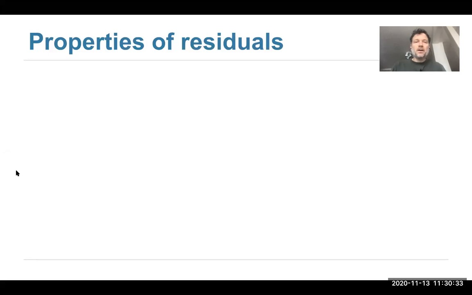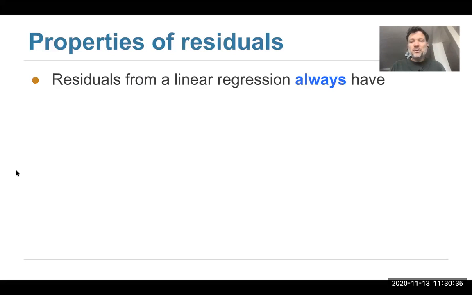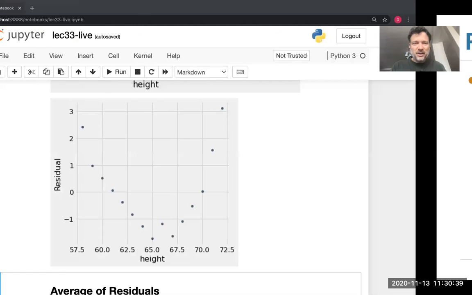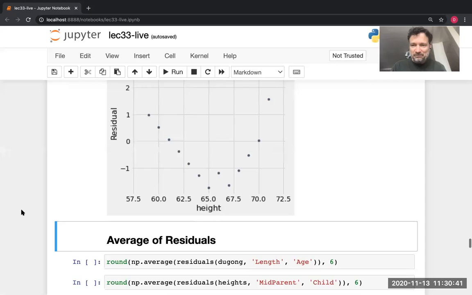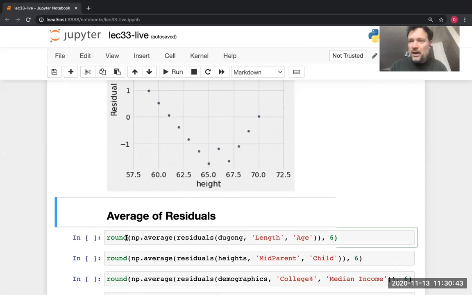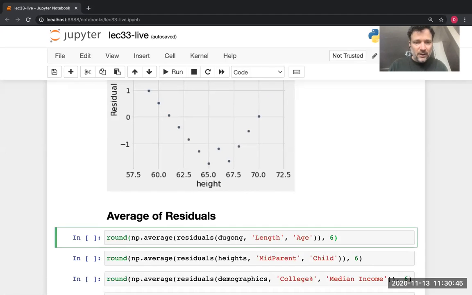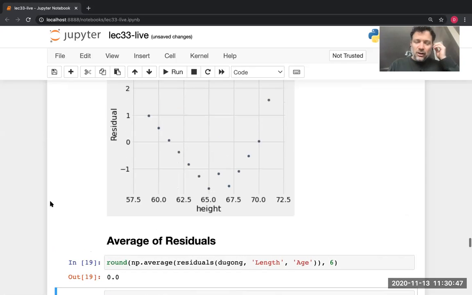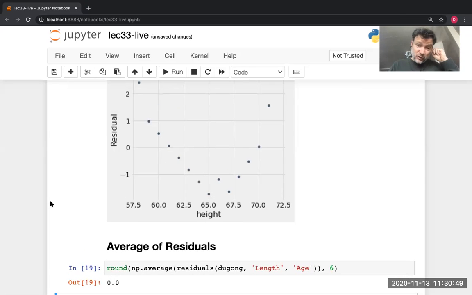Okay. So now I want to talk through some properties of residuals. And I think maybe the best way to show you this is by doing some examples. And then I will summarize what we found. So let's look at the residuals for the Dugong data set. And we're going to compute the average of the residuals.